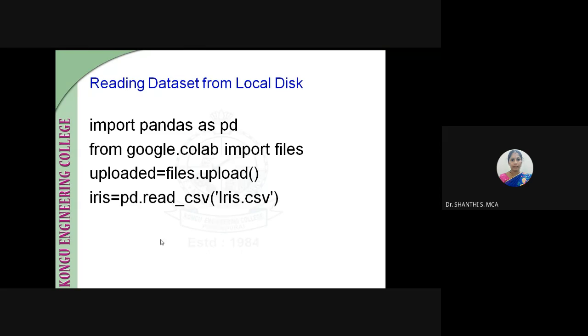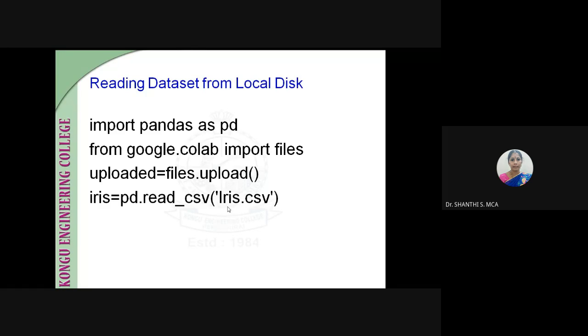Or if your file is available in the drive itself, then you can use the pd.read function. If you are having the file in CSV format, you can use pd.read_csv. Then you have to give the entire path. Here I have given only the file name, but you have to give the entire path.